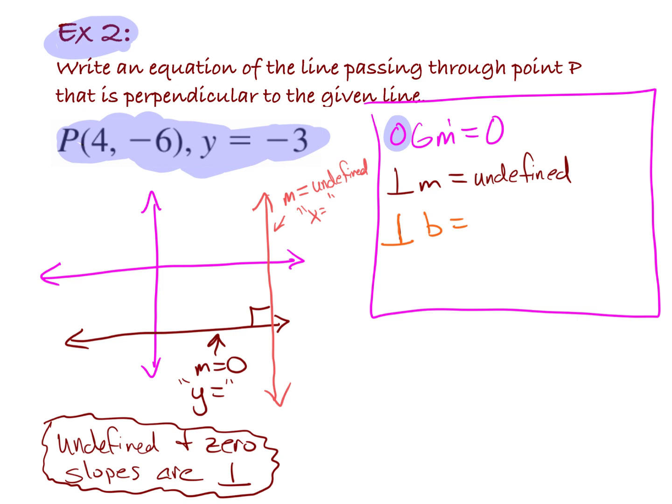So if I look here, we know our perpendicular is going to be an undefined slope, right? It's going to be like this, a vertical. We said already that the B is the y-intercept. It's where it crosses over at y. Will this line ever cross over y? No. Undefined slopes don't intersect over y.